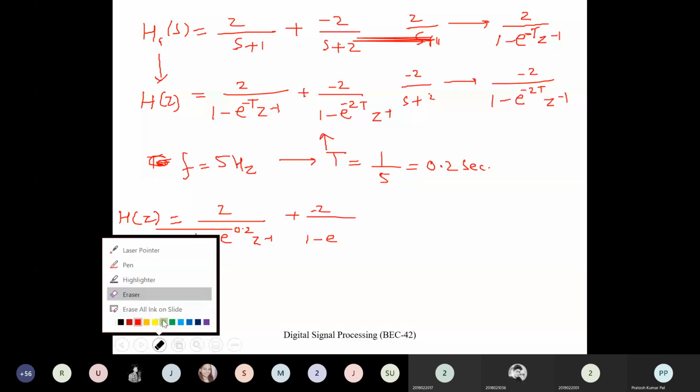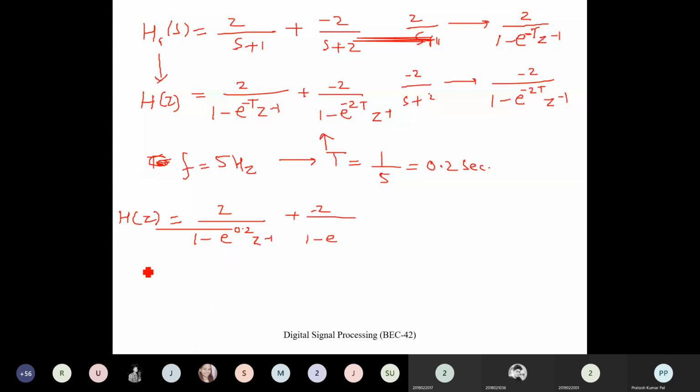Okay, so this will be the representation. After multiplying, and completely written in terms of z inverse value, this h of z will be obtained after doing all the calculations.